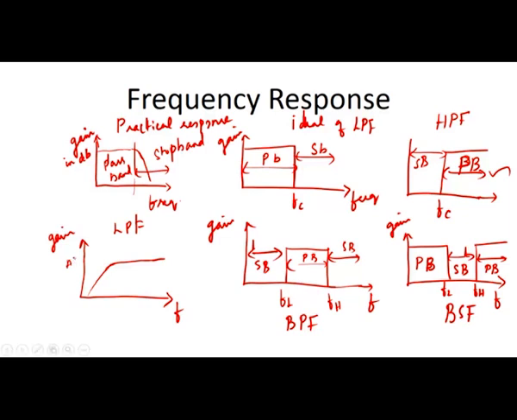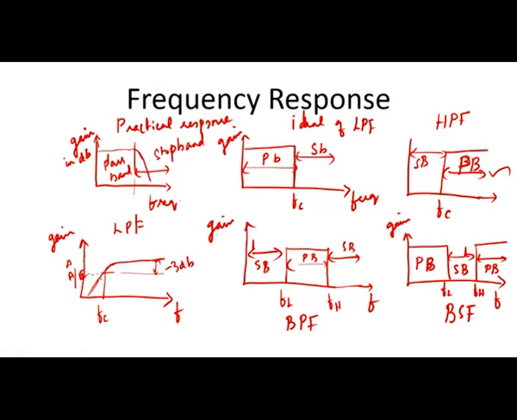Say A is the gain in dB, and this is the specified cutoff frequency Fc, and this is actually the minus 3 dB line. You can say this is A by root 2, which is minus 3 dB.